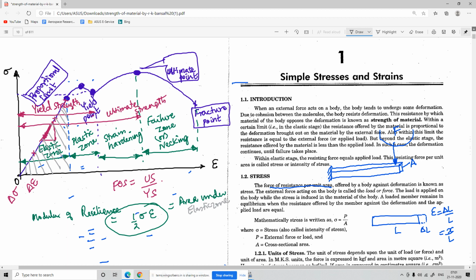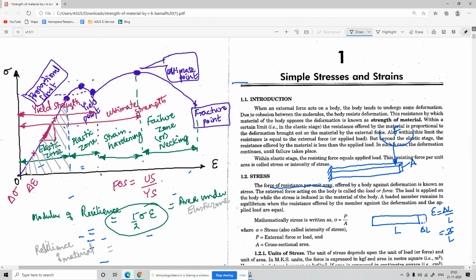Yes, sir. Okay, next, similar to that, they can also ask to find the resilience. In competitive exams they ask such kinds of questions. They will give you the graph and ask you to find this particular thing using the area under the curve. So resilience of material can also be expected.